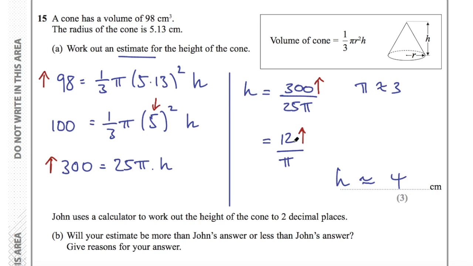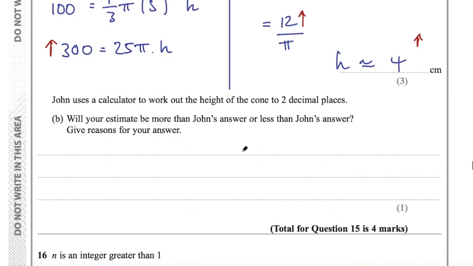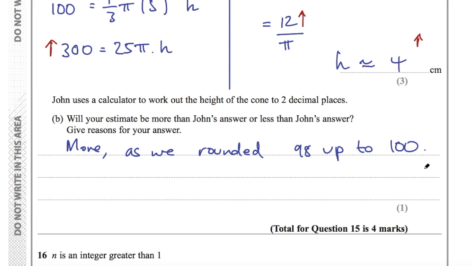So if the numerator is bigger than the real value, then our estimate is going to be bigger than the real value. So we'd say our estimate is more, or an overestimate, as we rounded 98 up to 100. And that's question 15.